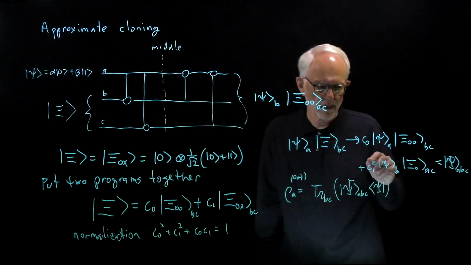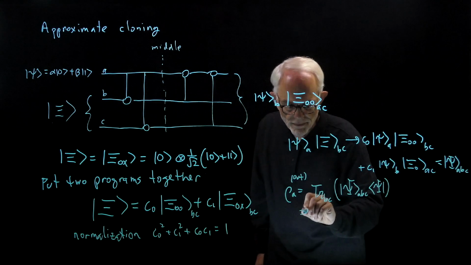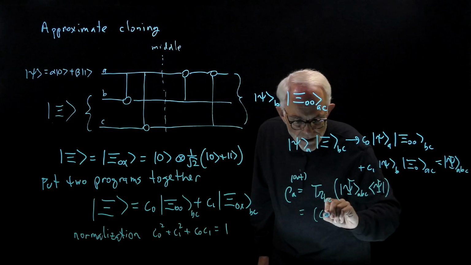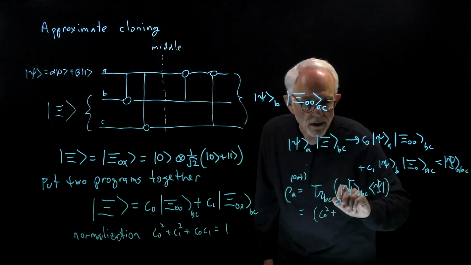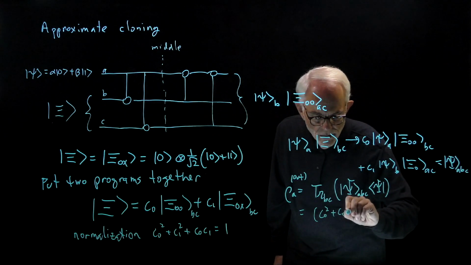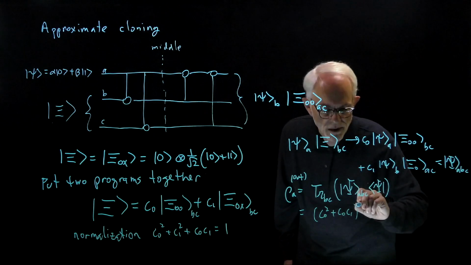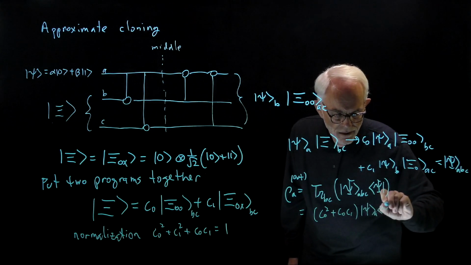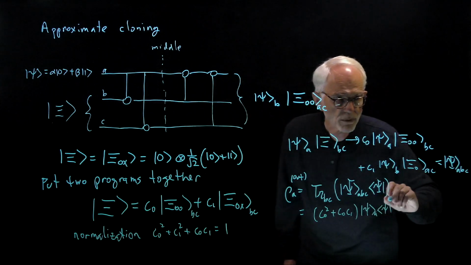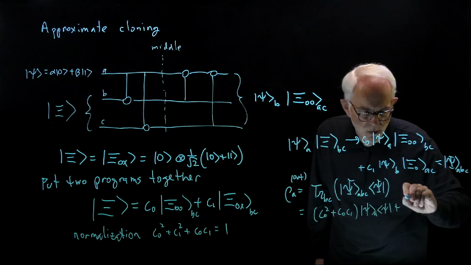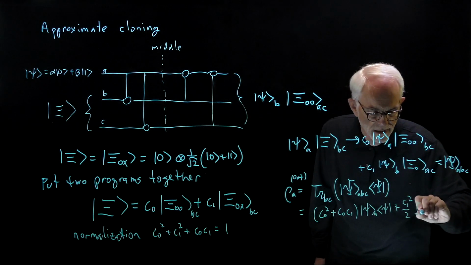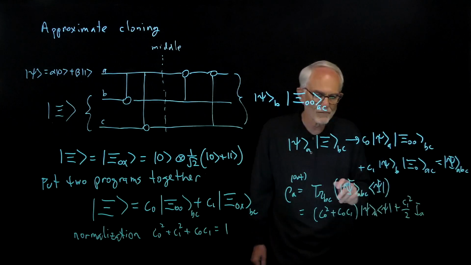What I get is that this is equal to C0 squared plus C0 C1 times psi, plus C1 squared over 2 times the identity operator acting on the A qubit.